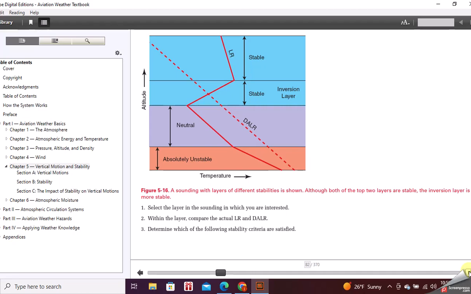If the air around it is cooling at about 7 or 8 degrees, that moist parcel all of a sudden has become unstable and will begin to take off. It's just going to shoot upwards as fast as it can to get back to the same temperature as the surroundings.